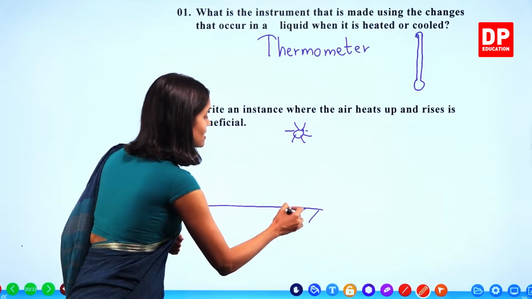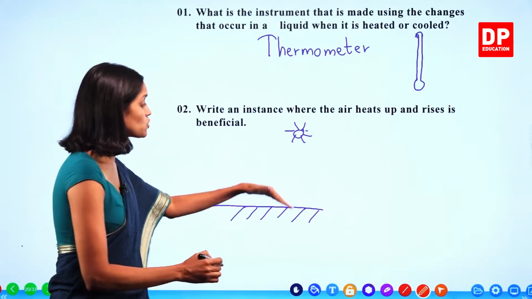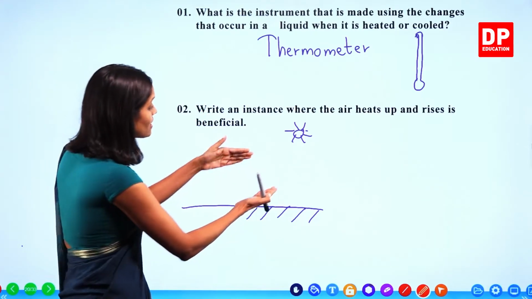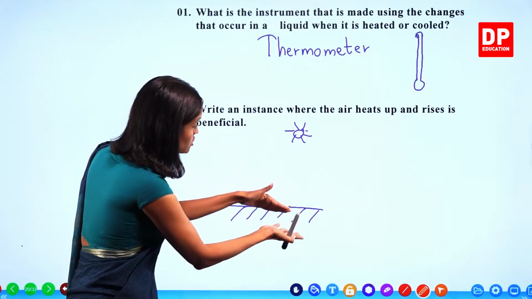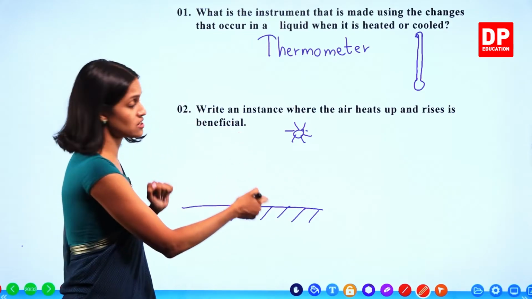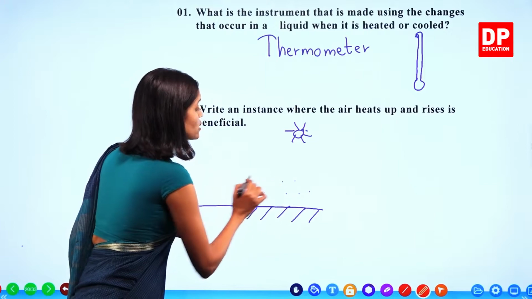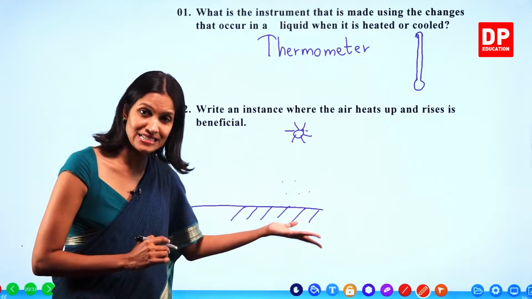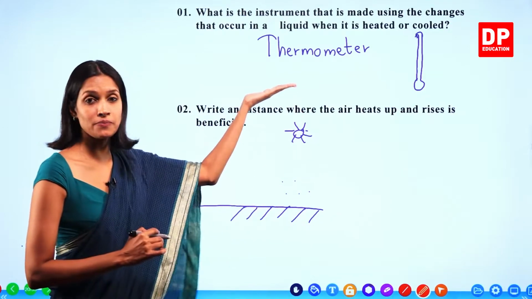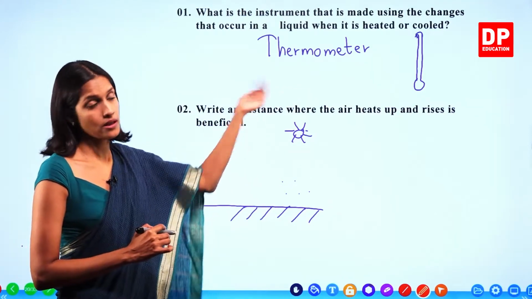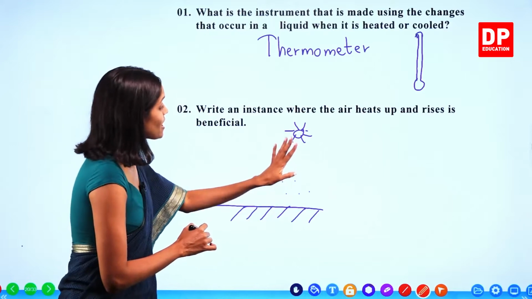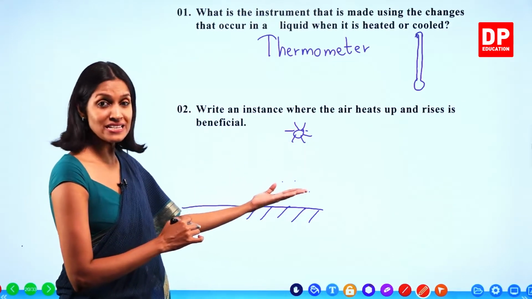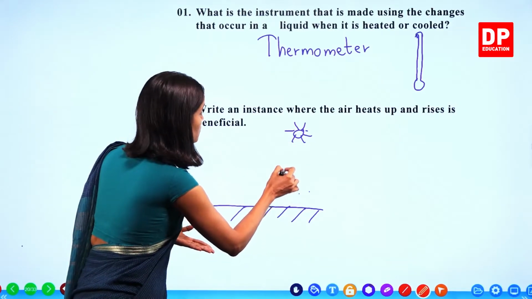When the earth gets heated up, the air layer right next to the earth also gets heated up here. So I told you all, when the air gets heated up, it becomes light, less heavy, and it goes up. Less heavy things go up, right? So this less heavy air goes up.